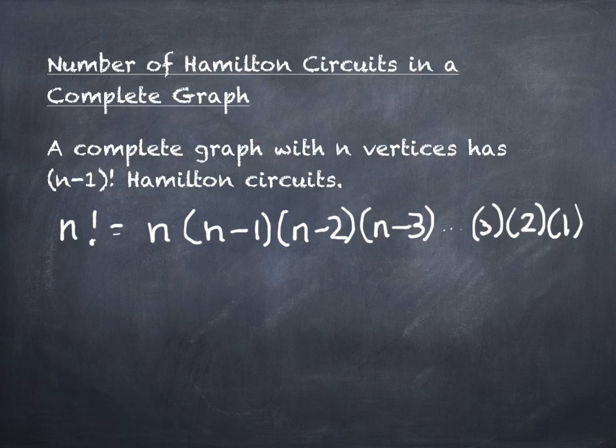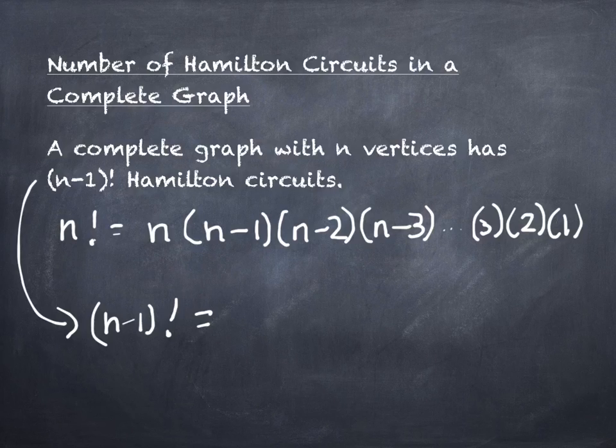Okay? Some of your calculators probably have a factorial button in them. Some of them probably don't. So we've got to be able to work with this as though we don't have the factorial button. If you want to use the factorial button to check a solution, that's of course fine. So this actually tells us that when we have an n-circuit graph, then we have n minus 1 factorial ways of creating a circuit.